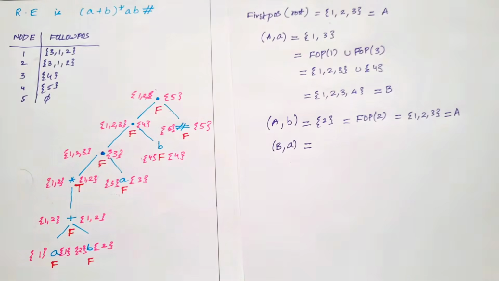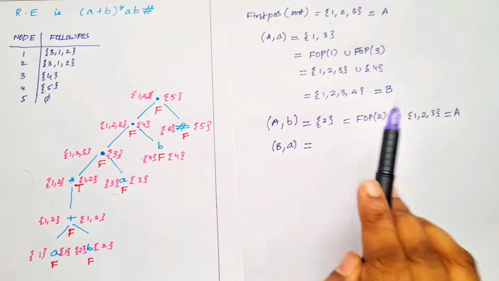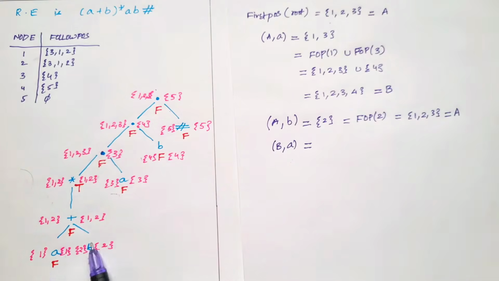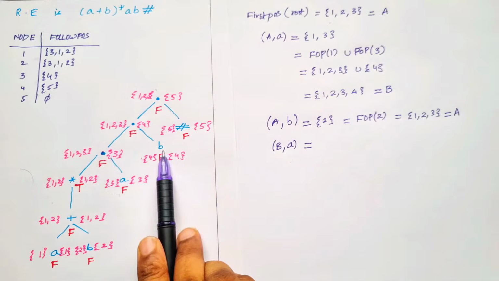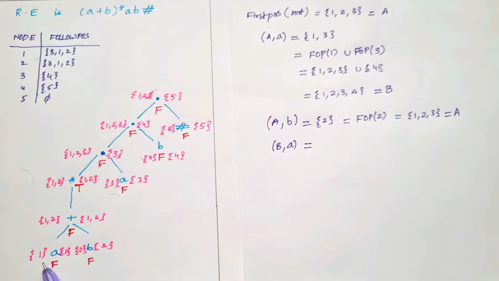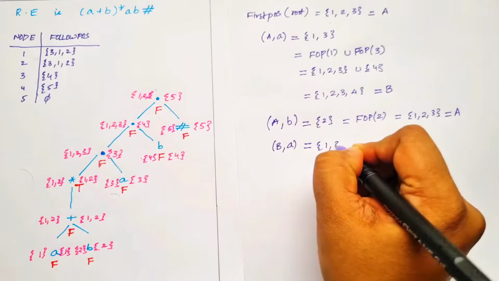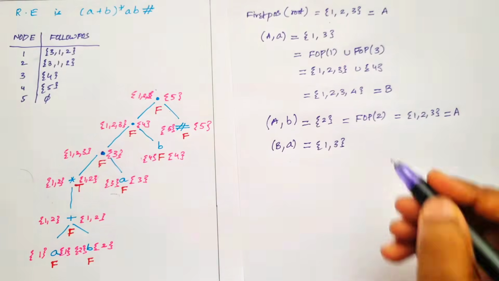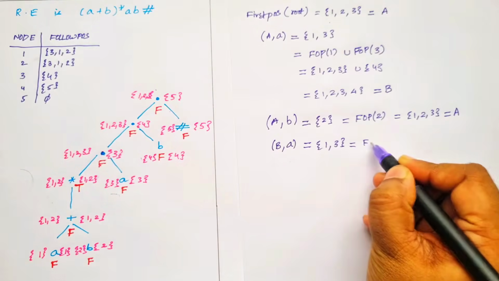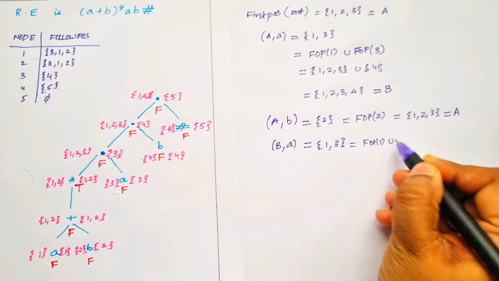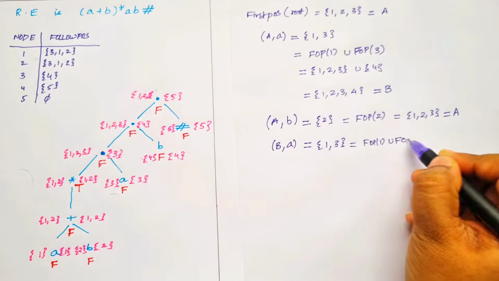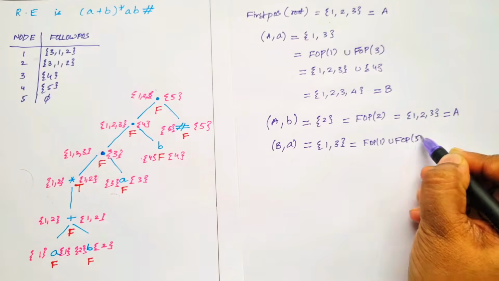Let us find the transition on a. Now what is B? 1, 2, 3, 4, means in 1, 2, 3 and 4 where is a present? a is present in 1 and also in 3. Find the follow position of 1 and also 3 and combine them.